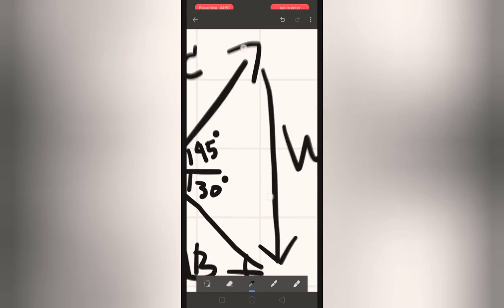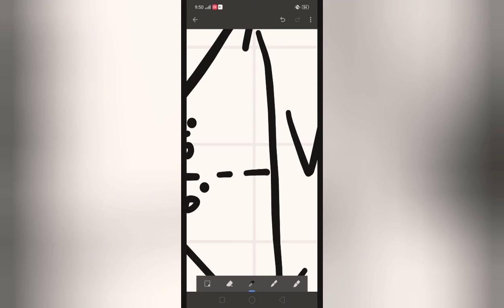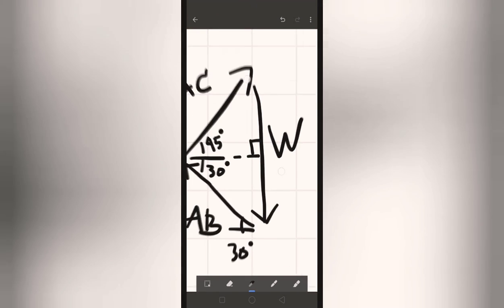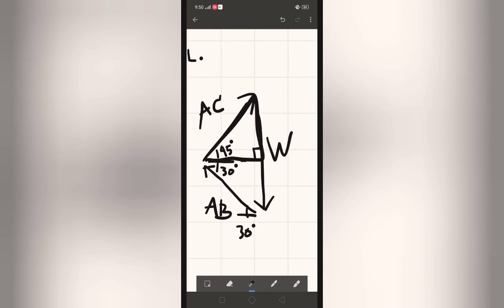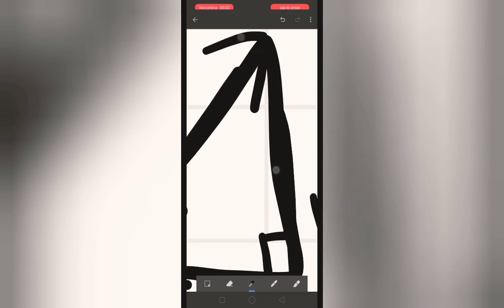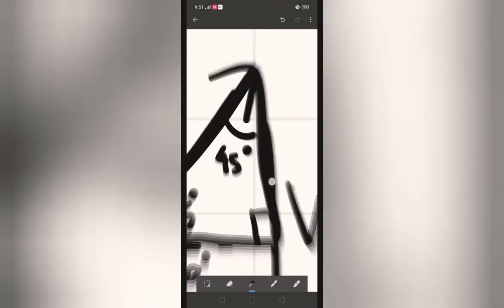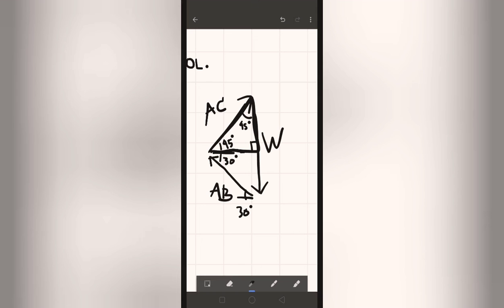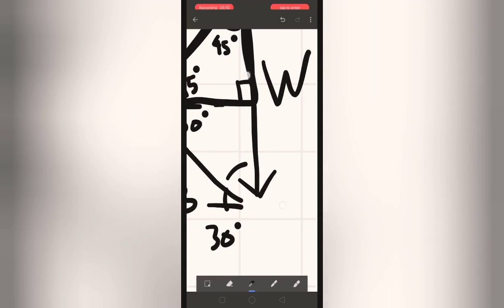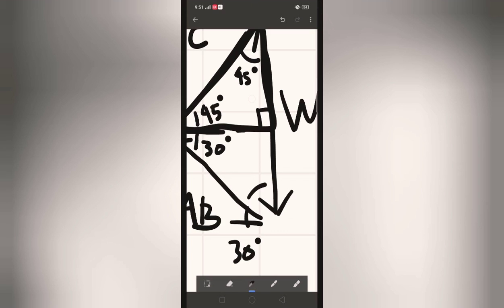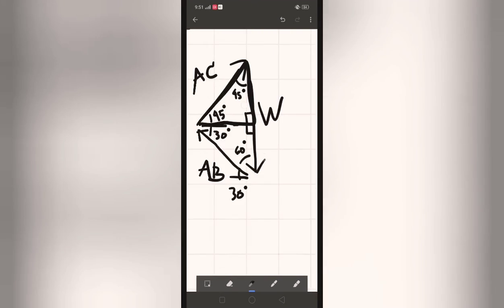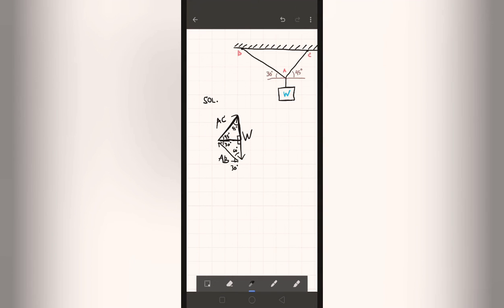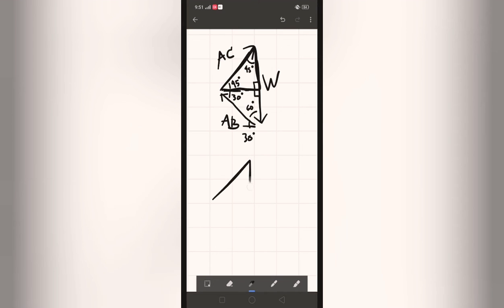And then if we make an imaginary line here and make it perpendicular to this one, we will have a triangle enclosed by 45, 90, and 45 angles. And then for the other one below, this triangle is 30, 90, and 60 degrees. So our polygon will now look like this.